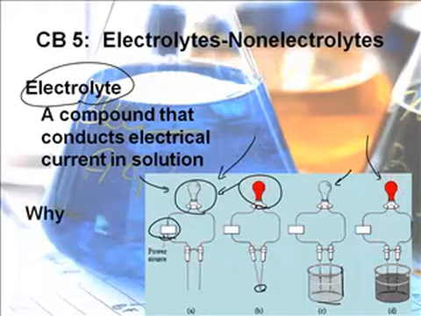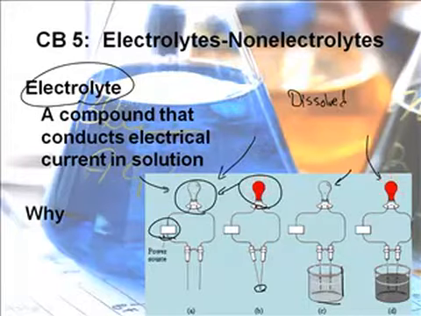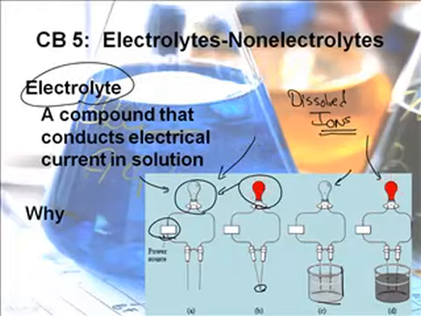All right. Why does this happen? The answer is because you have dissolved ions. Now, let's recall for just a moment, what is an ion? An ion is a charged particle, like Na positive and Cl negative.